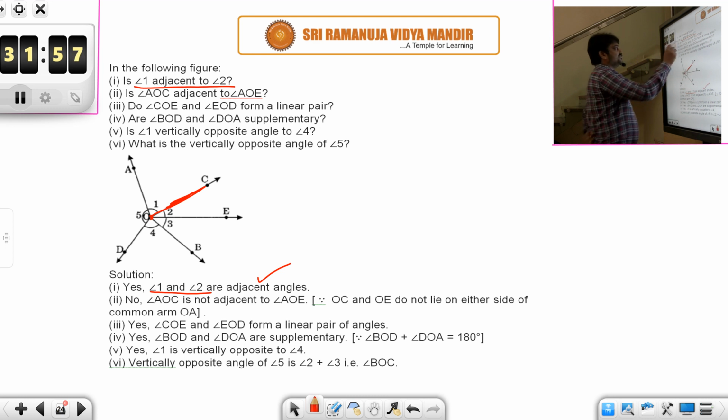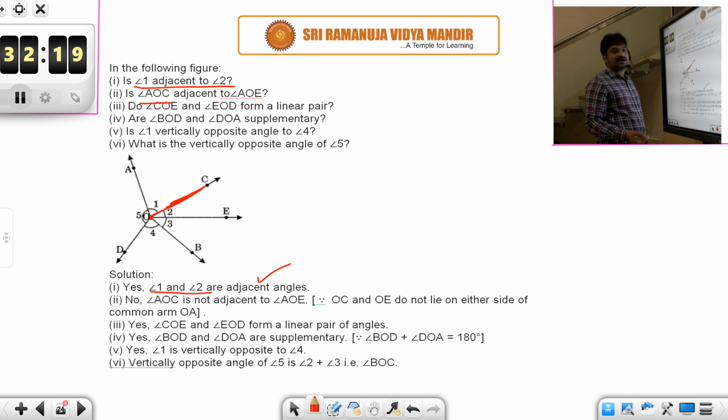And then, is angle AOC adjacent to angle AOE? Angle AOC means this one, and angle AOE, this one. Are they adjacent? First of all, no. Why?